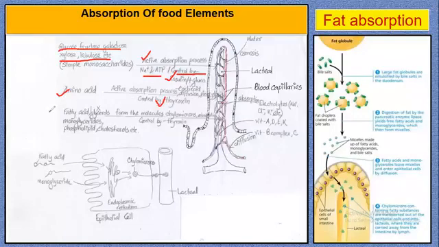Then the fat is transferred into glycerol and fatty acid. These are controlled by the thyroxine hormone also. So the first one is controlled by insulin and glucagon, and the next two by the thyroxine hormone.